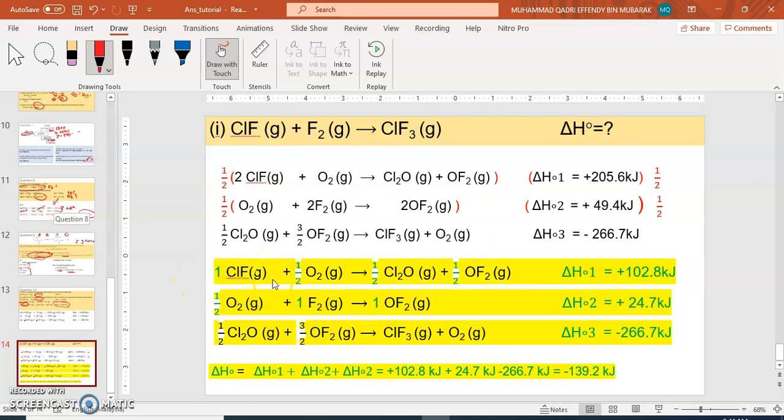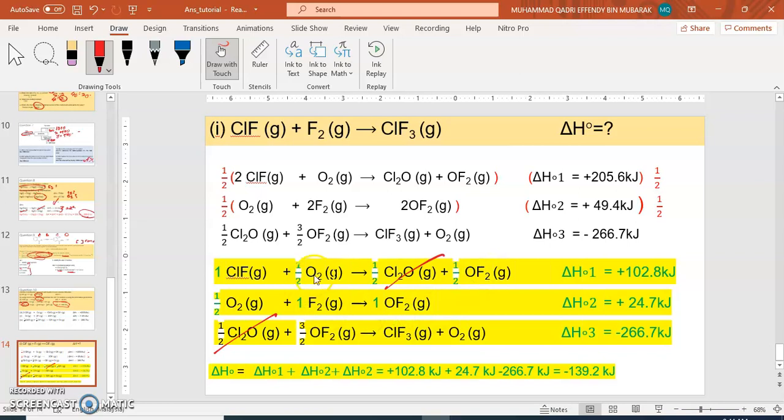I highlighted it with yellow, and from here we can eliminate the unnecessary chemical species. So let's see what we can do. We have half oxygen here. We want chlorine here for sure. We don't want Cl2O, so let's see if we can eliminate it. Yeah, we can eliminate it here first. And we don't want OF2, so let's see if we can eliminate it.